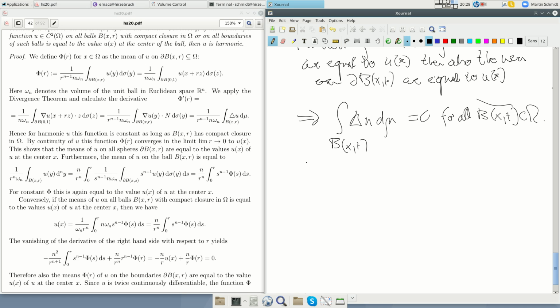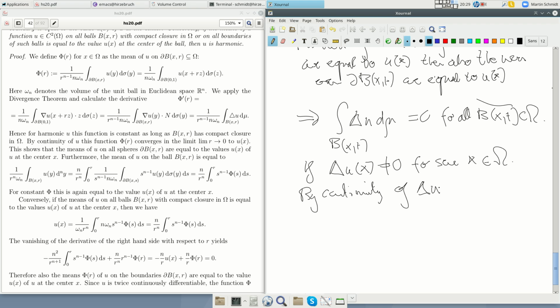Now, if Δu of x is non-zero for some x in omega, then by continuity of u, which we assume to be twice continuously differentiable. So this is a continuous real function.